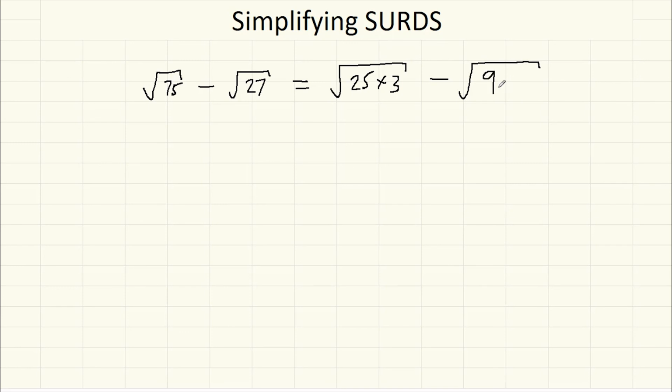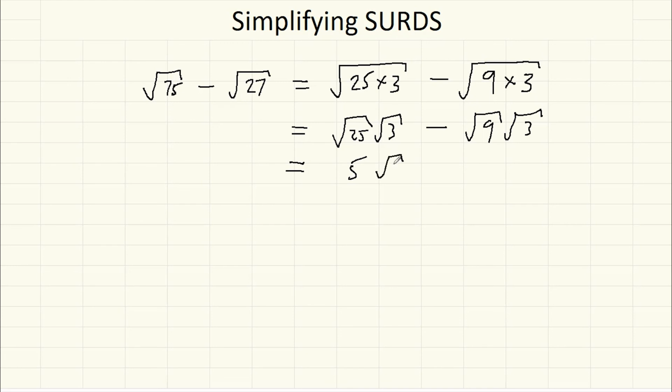That becomes 9 times 3. Okay, this now equals root 25 root 3 minus root 9 root 3. The root of 25 is 5 and the root of 9 is 3. Okay, 5 root 3 less 3 root 3 is 2 root 3. And that's the answer.